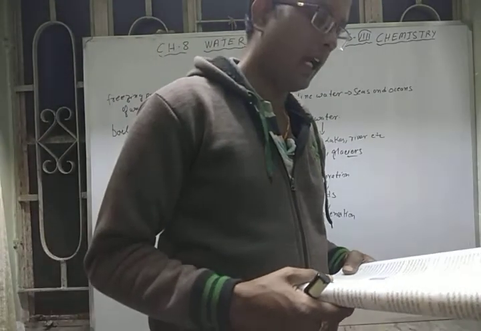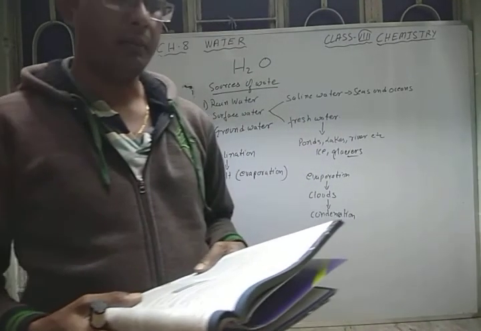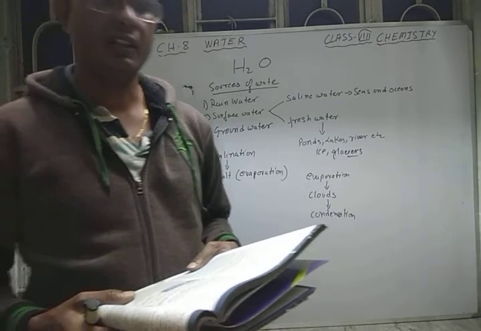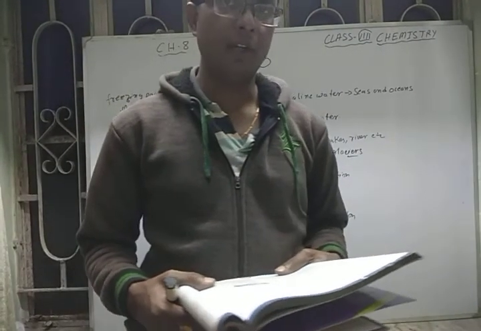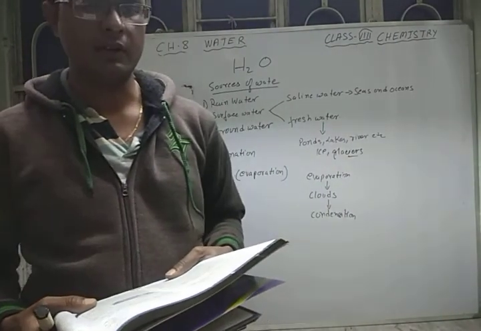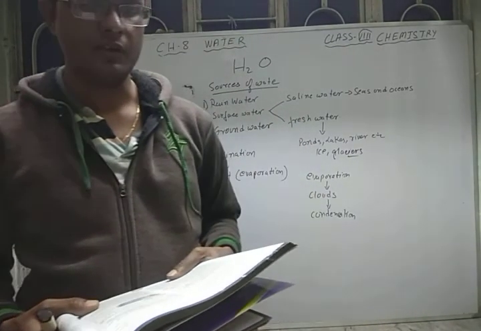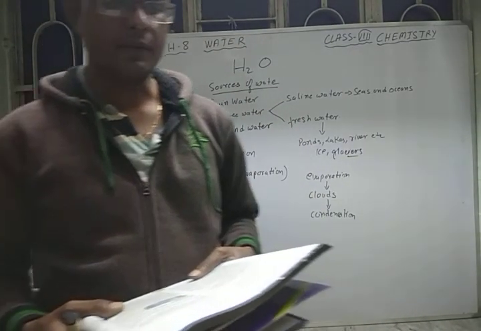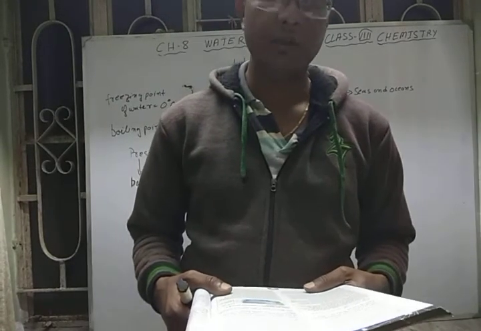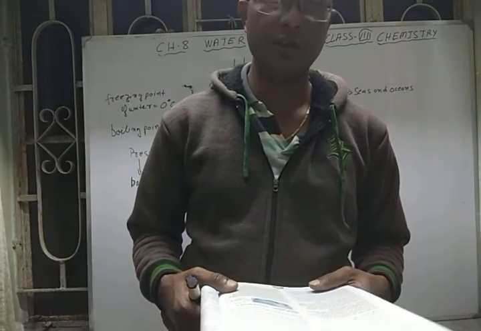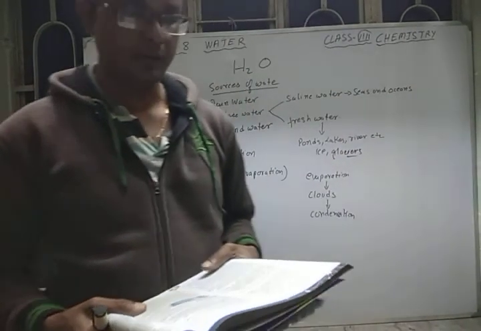Addition of salt to ice also lowers the melting point by about 15 degrees Celsius. So if you add salt to ice, its melting point will decrease to minus 15 degrees Celsius. A mixture of salt and ice is therefore called a freezing mixture.